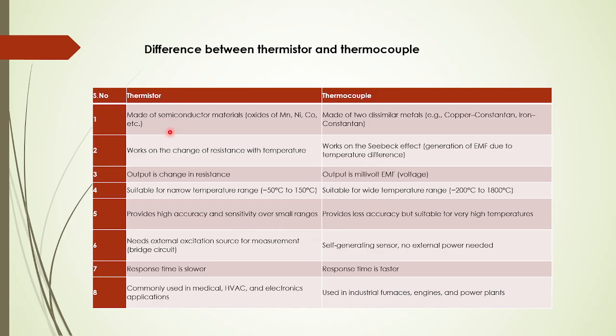The sixth one is that the thermistor needs an external excitation source, so it needs external power to operate. But the thermocouple is a self-generating sensor, so there is no need for external power. The seventh one is that the thermistor response time is slower, but the thermocouple is faster when compared to the thermistor.